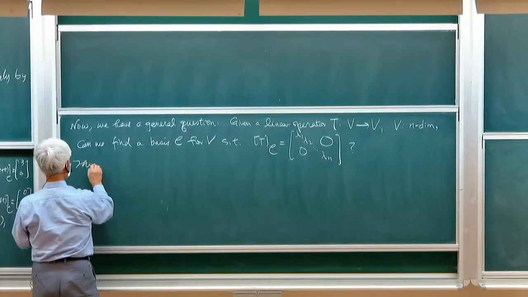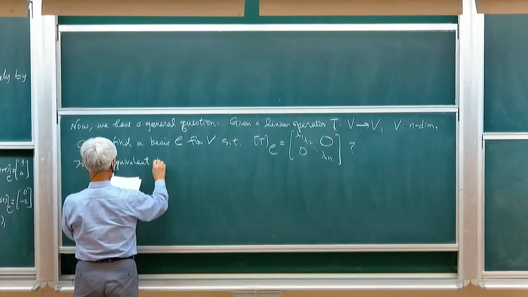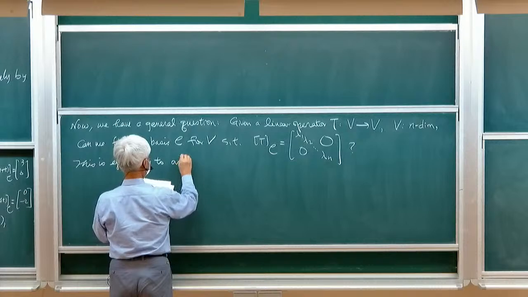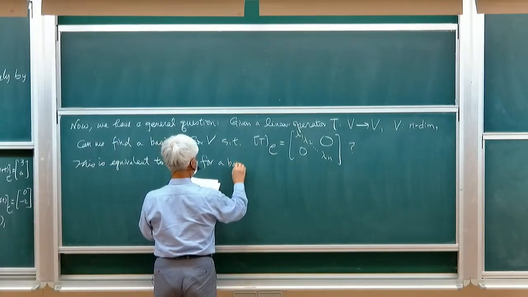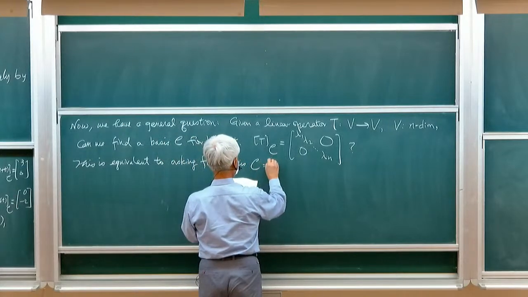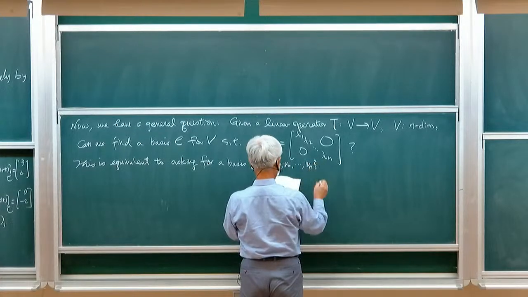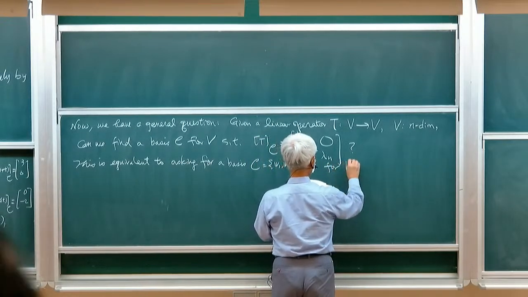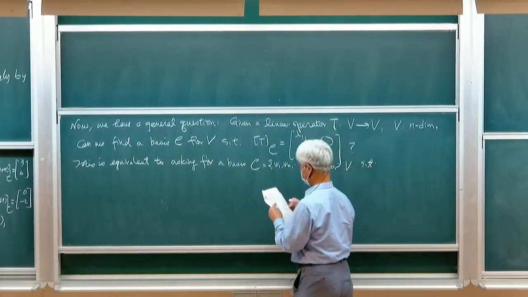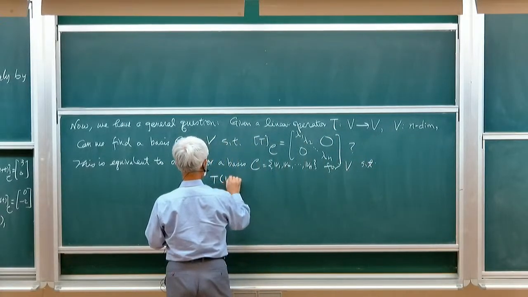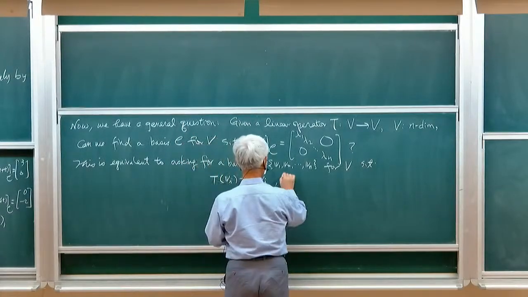Now this question is equivalent to asking for a basis C, v1, v2 up to vn. Right? So you are asking for a basis for V such that T(vi) equals lambda i times vi for all i.